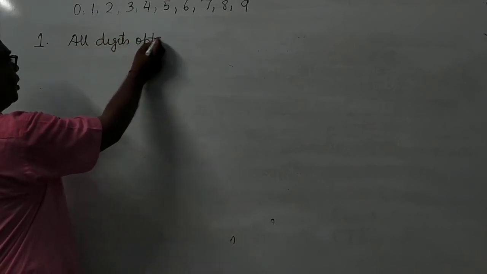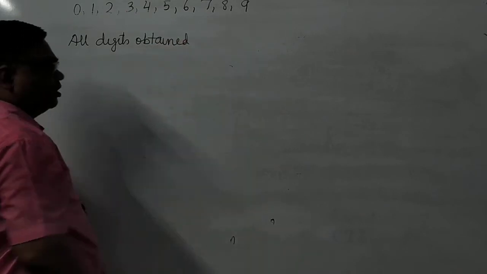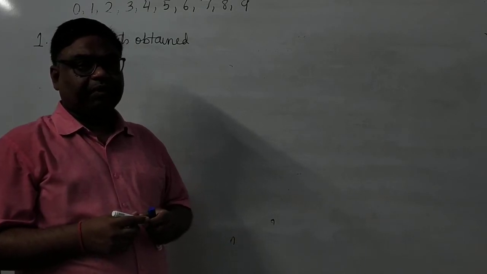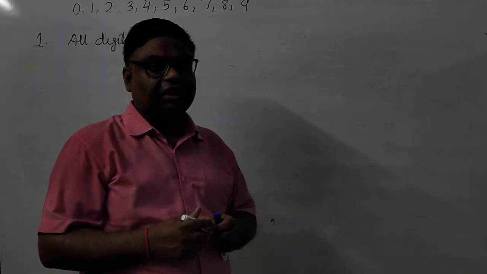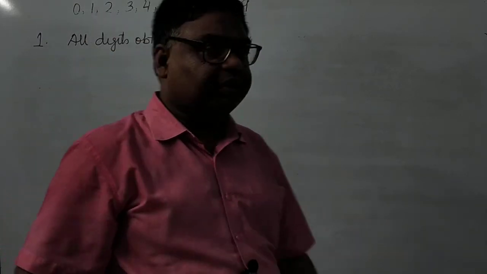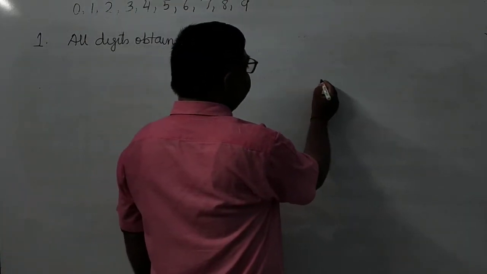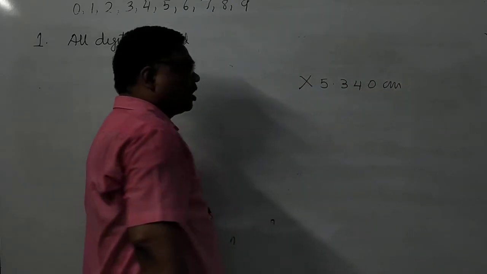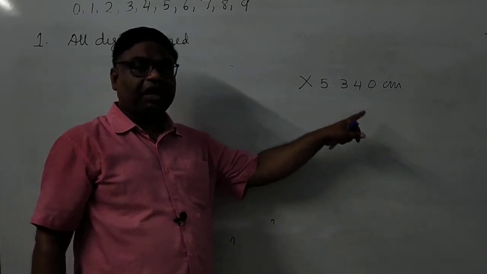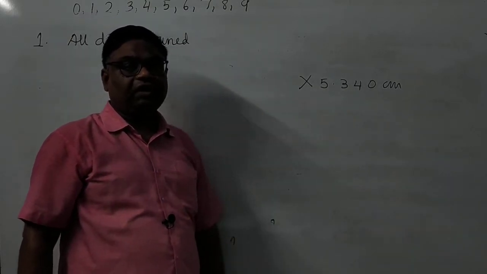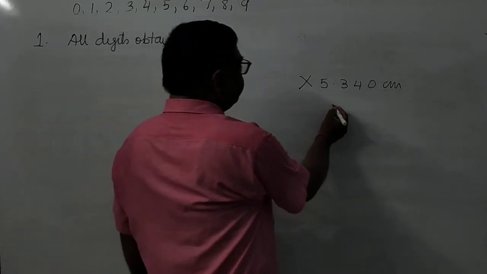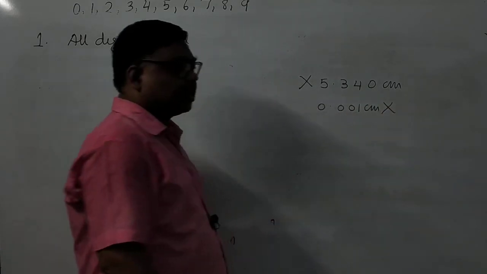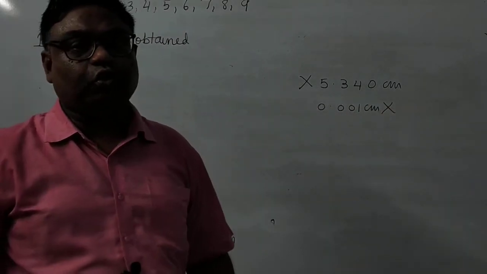One more thing: suppose we are doing some measurement with the vernier calipers. As we know, the vernier calipers has a least count of 0.01 centimeter. So we cannot say that we have measured this value from the vernier calipers. It is clear. Why? Because it is measuring smaller than the least count of the vernier calipers. It is measuring up to this place, which is not possible by the vernier calipers, because the least count allows only up to 0.01 centimeter.